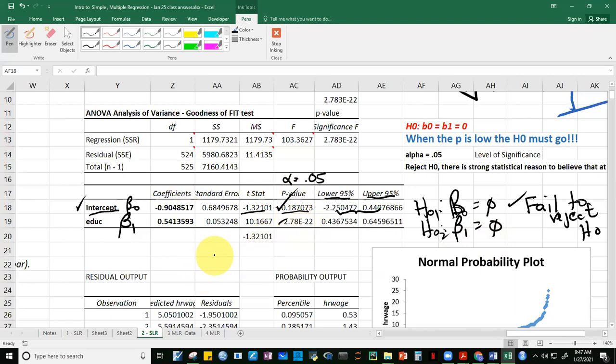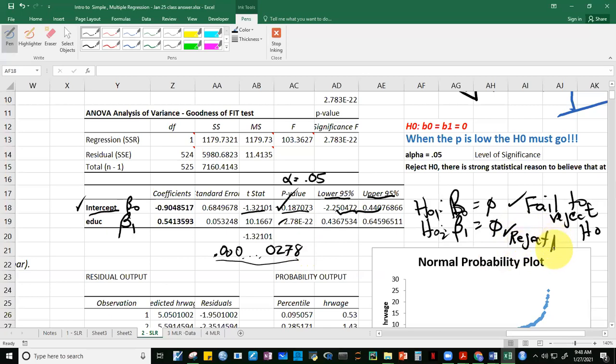Ang ibig sabihin niyan guys, decimal point, tapos 21 zeros, tapos 278. It's written in scientific notation, times 10 to the negative 22. So this is practically 0, guys, di ba? It's way less than 0.05. So ang conclusion natin dito, guys, we reject the null hypothesis. Reject.